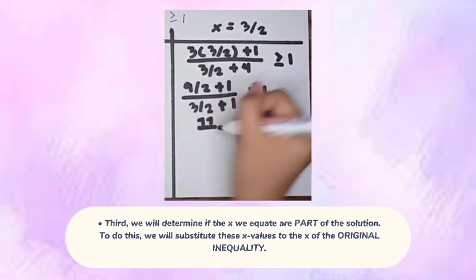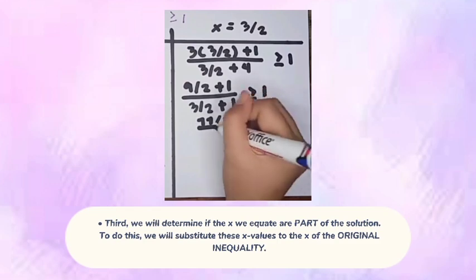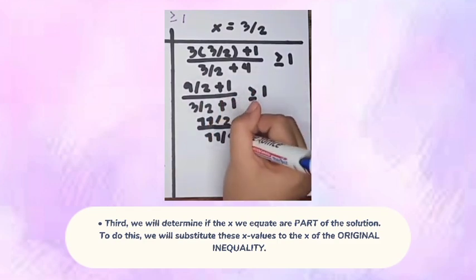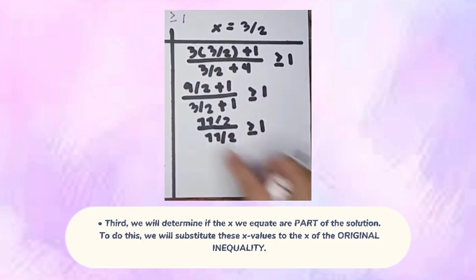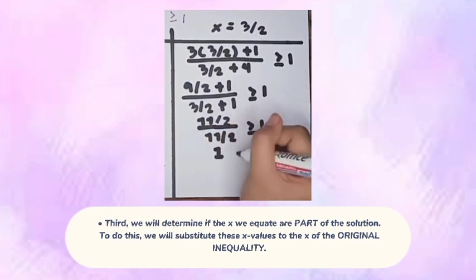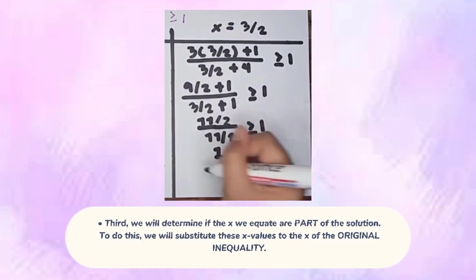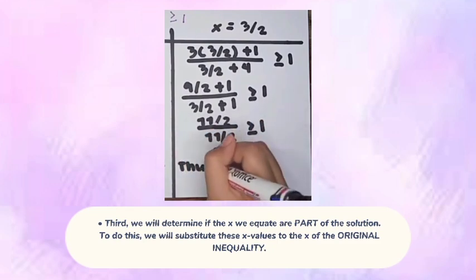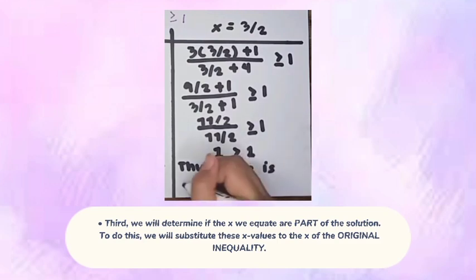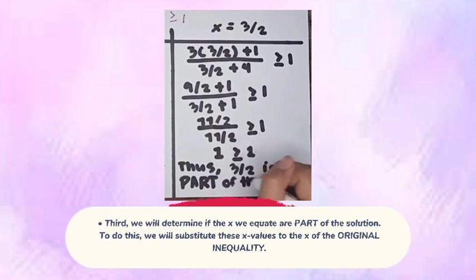So the result will be 11 over 2 over 11 over 2 greater than or equal to 1. So 11 over 2 over 11 over 2 is obviously 1. Thus, 1 is greater than or equal to 1. Thus, x equal to 3 over 2 is part of the solution.